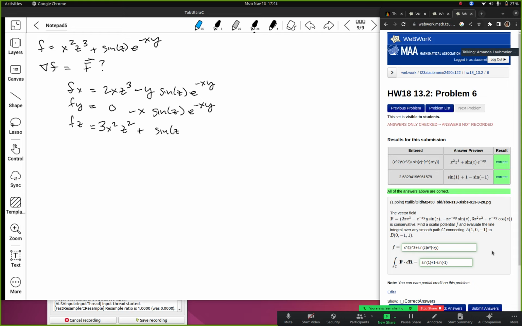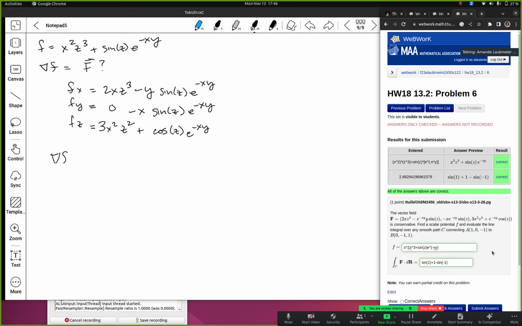So the derivative of sine z is cosine z. And then e to the minus xy is a constant as far as z is concerned, so it just stays there. Sort of like if I had 2 sine z, it would take a derivative and become 2 cosine z.